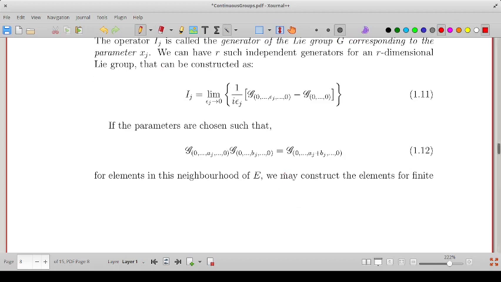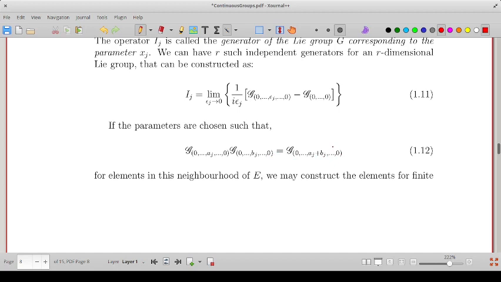Now, we may also be able to choose parameters in such a way that G(a_j, 0, 0) times G(b_j, 0, 0) is equal to G(a_j plus b_j, 0, 0).